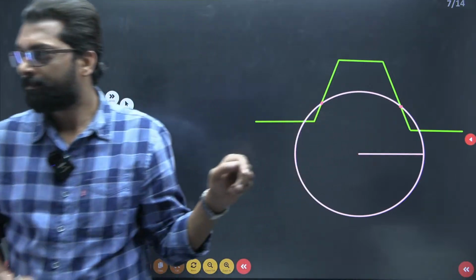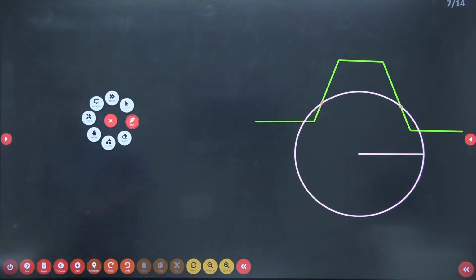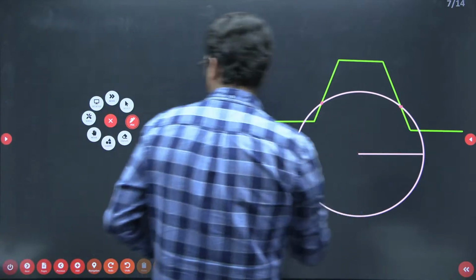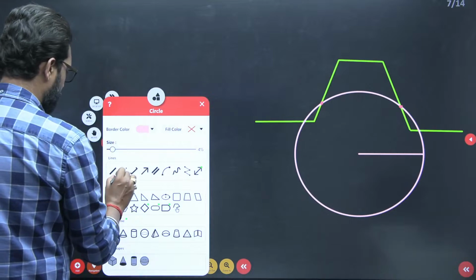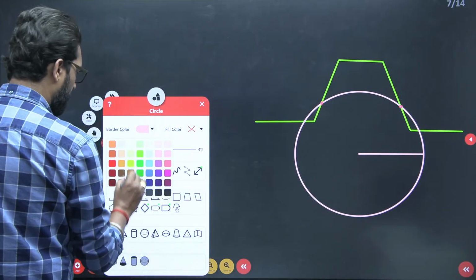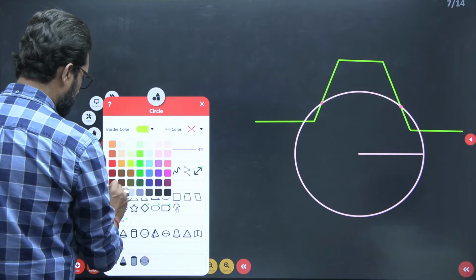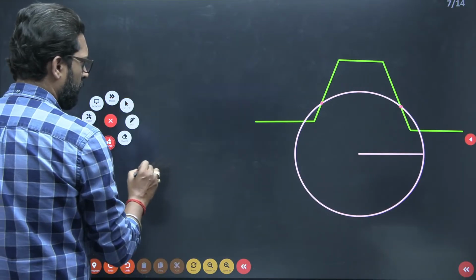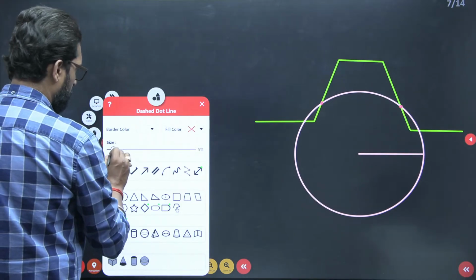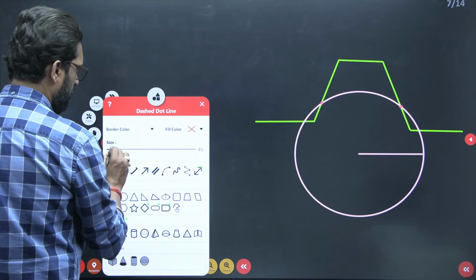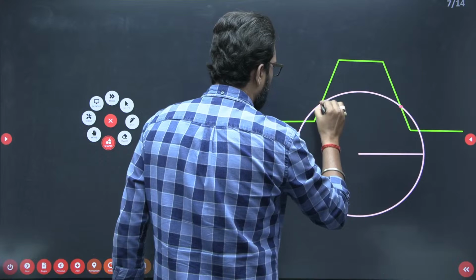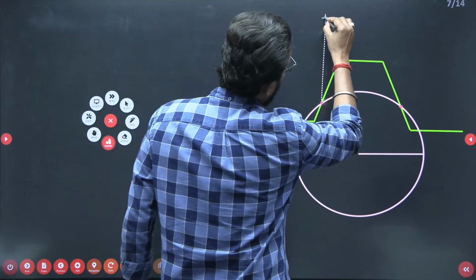Clear? So this is the given value in the question, it looks like that. From here, the dimension is given.